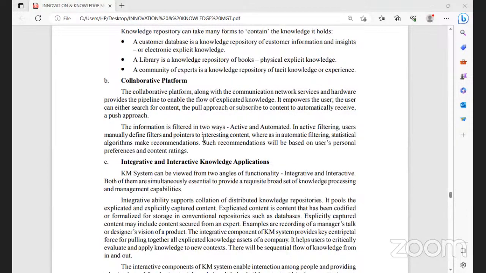The information is filtered in two ways, active and automated. In active filtering, users manually define filters and pointers to interesting content, whereas in automatic filtering, statistical algorithms make recommendations. Such recommendations will be based on users' personal preferences and content ratings.